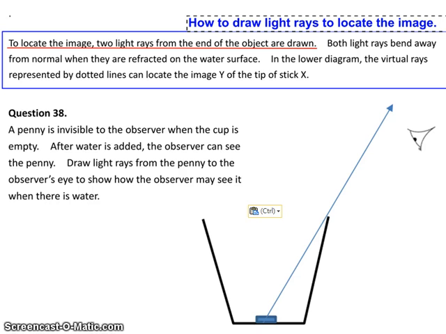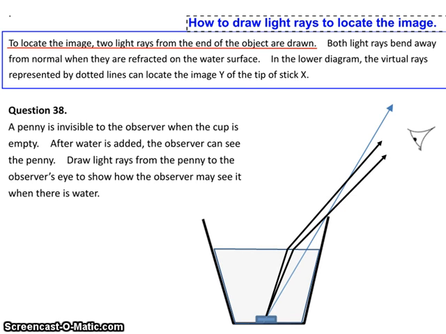For the next question, you are asked to draw a diagram to show why the cone becomes visible when water is added. First, before water is added, the light ray can only go in this direction, and then that light ray does not enter the observer's eye.